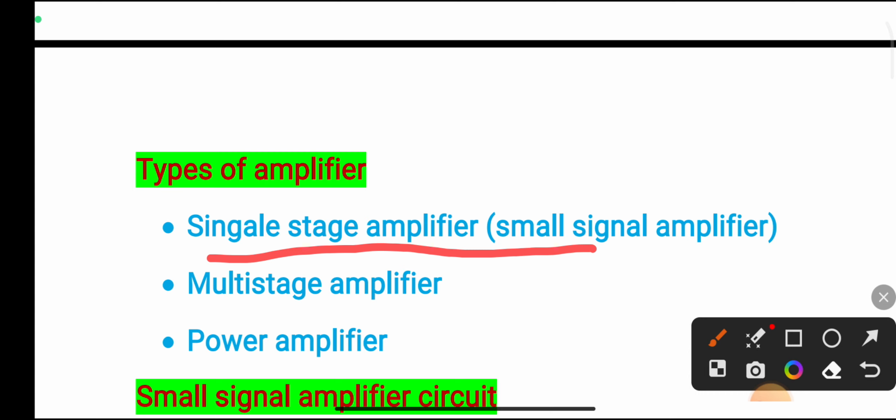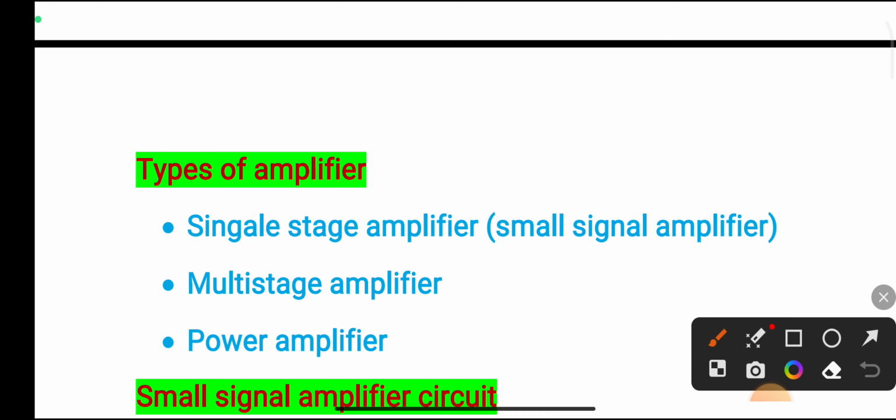Next, the multi-stage amplifier. A multi-stage amplifier means the circuit or device contains two or more transistors. The voltage gain of this amplifier is high compared to the small signal amplifier.